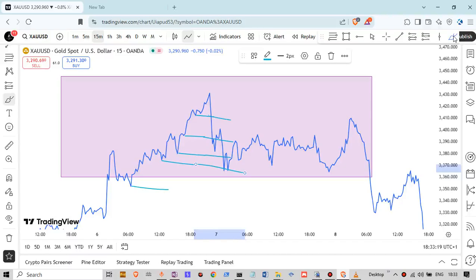Now at this moment in time, your mind should start thinking that it's likely that a reversal is about to happen. Because price could still come back and break this guy up here, you want to be patient.